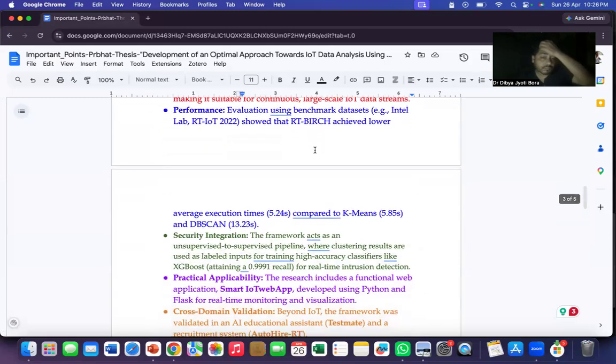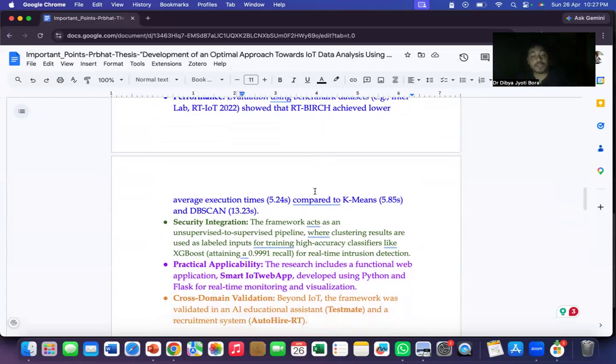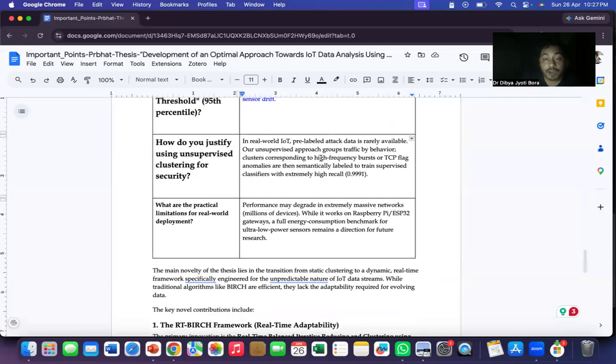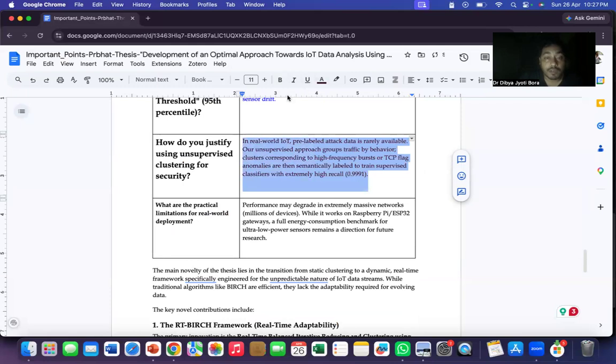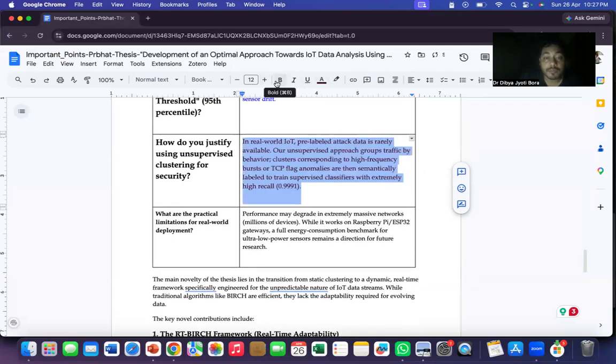The output of the unsupervised algorithm is being used as input, that is labeled data, for the XGBoost, and that is gaining around 0.99991 high recall, right? So that's why we can say that for real-time data, this is best suitable compared to any other algorithm.